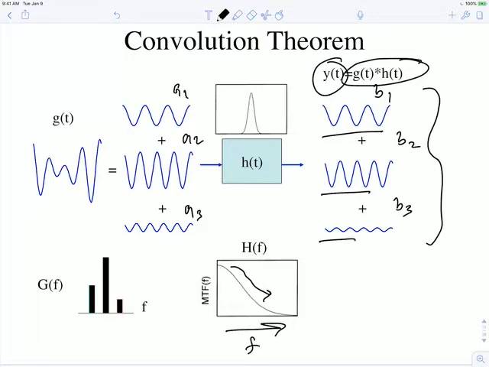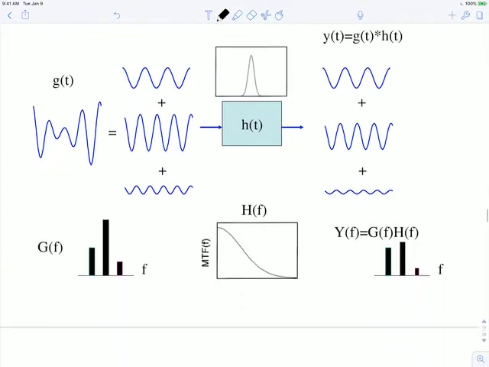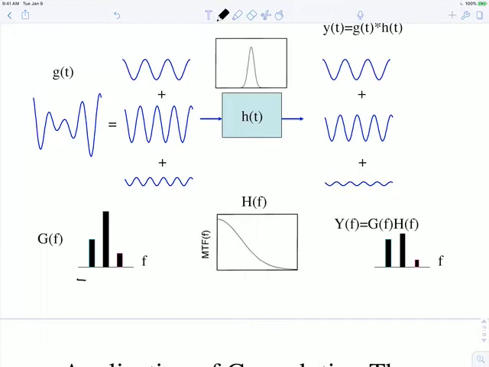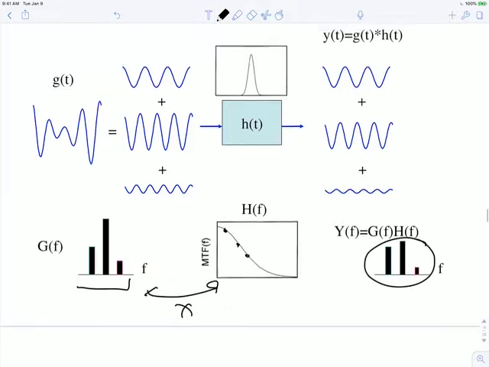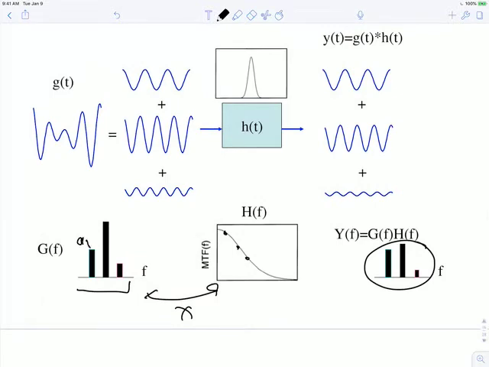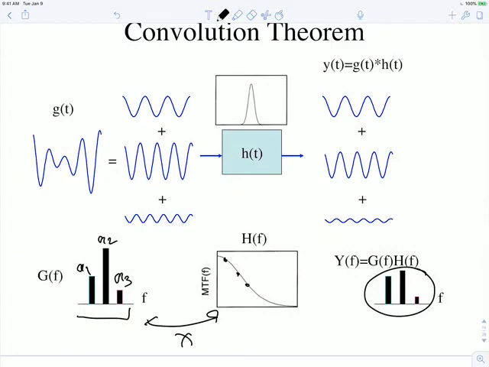So I could also draw this as taking these and multiplying them by their respective amplitudes to get this frequency domain representation. So for example, where this is A1, A2, A3, then these amplitudes are going to be B1, B2, and B3, which is essentially these amplitudes here.